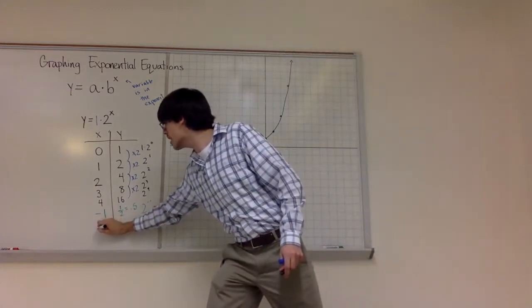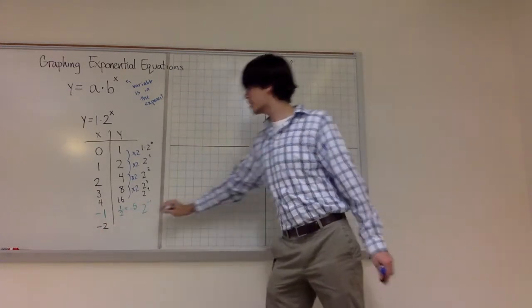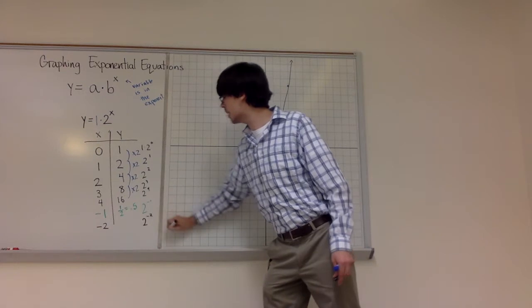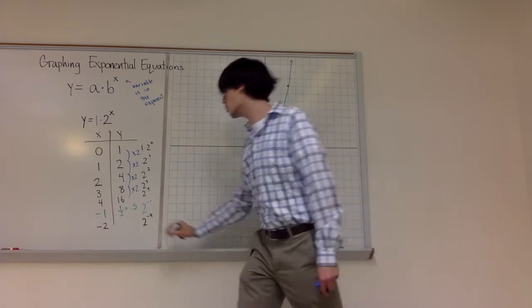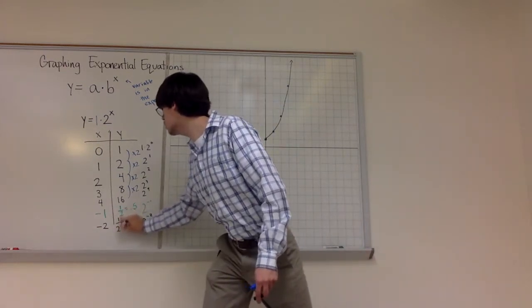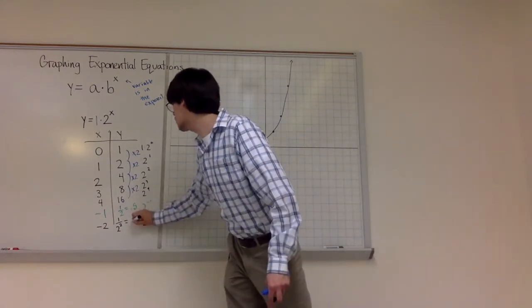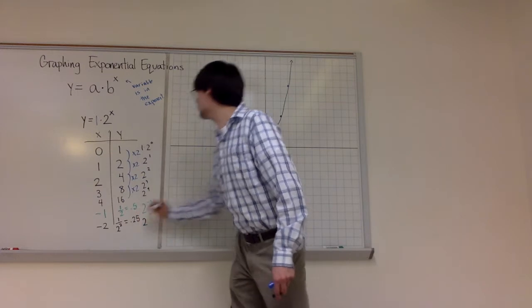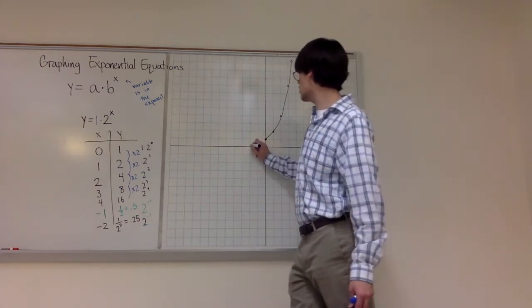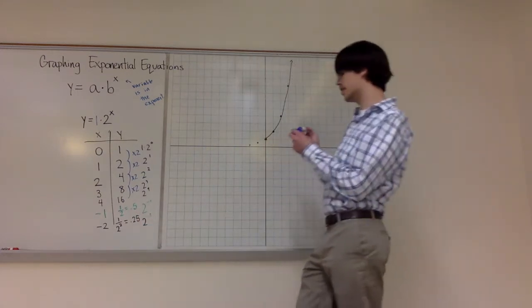If I plug in a negative 2 for x, 2 to the negative second power, send it to the bottom. It's going to be 1 over 2 to the second, which is 1 over 4, which equals 0.25. So it's going to be negative 2, 0.25 right there.